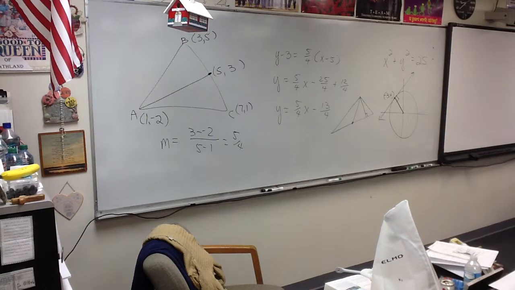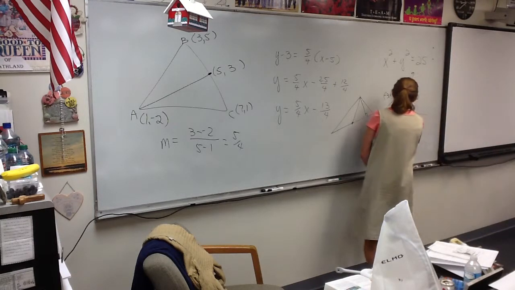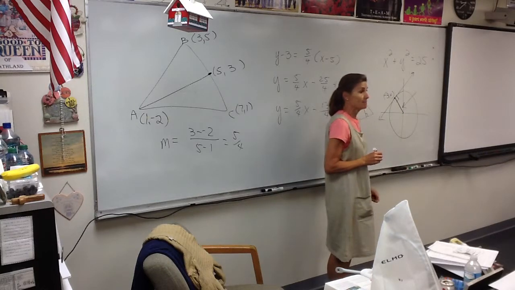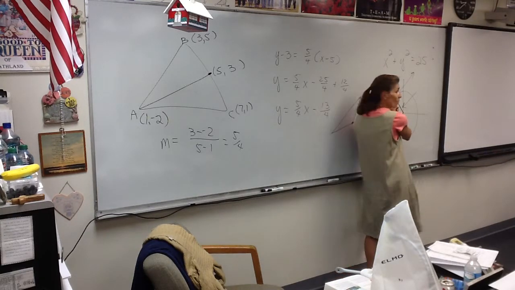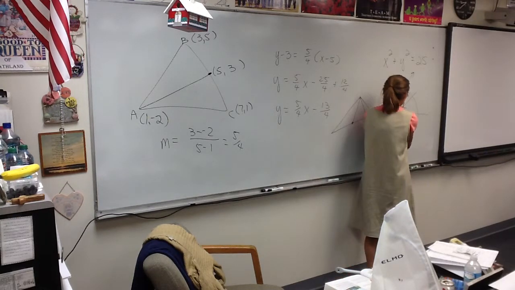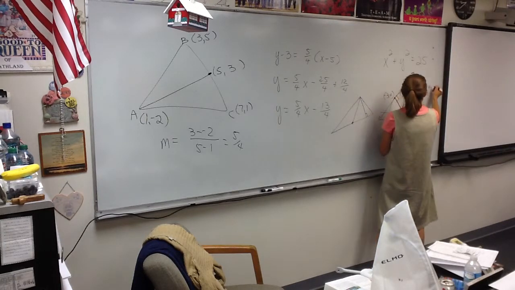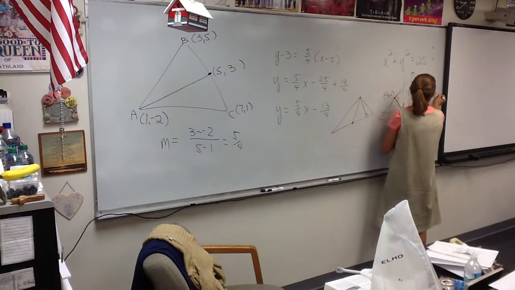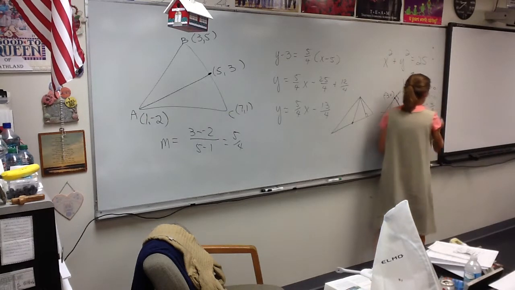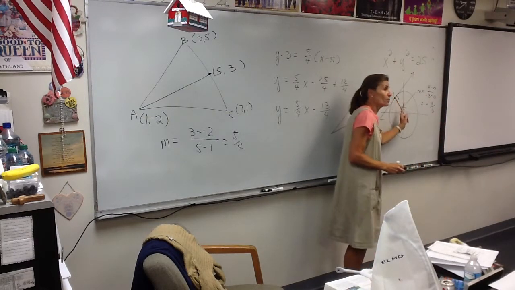We take the negative reciprocal, or the opposite reciprocal. So the first thing we need to do is to find this slope. Can we do that? Yes, because we've got 2 points. So that would be 4 minus 0 over -3 minus 0. I got -4/3 for the slope of the radius.